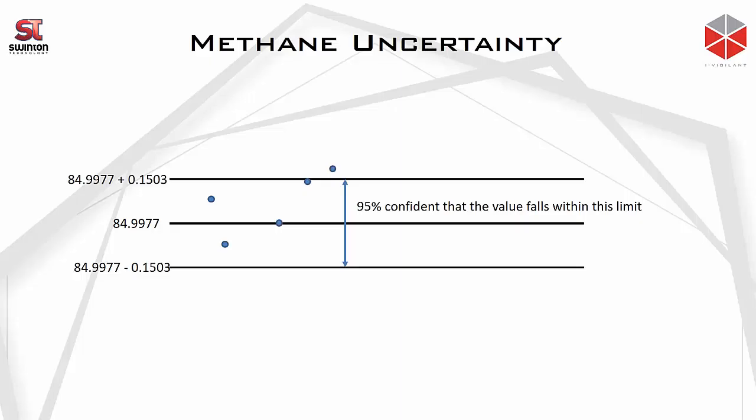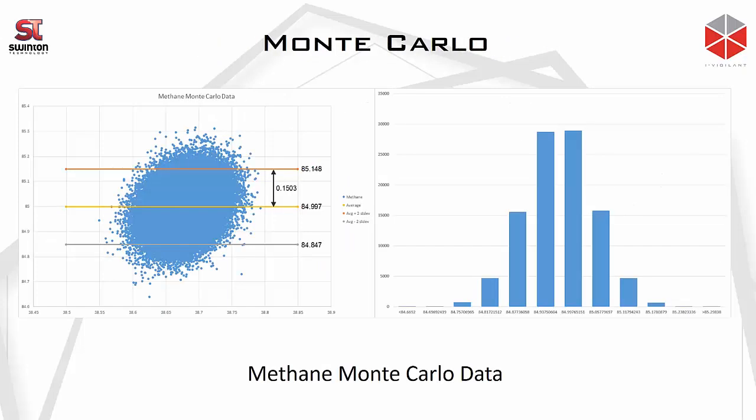What we're doing with the Monte Carlo is we generate random numbers on methane and everything else. We generated 100,000 data points with all the possibilities of that particular range. In this chart, we put the dots on every single methane value, trended on the x-axis as the CV.